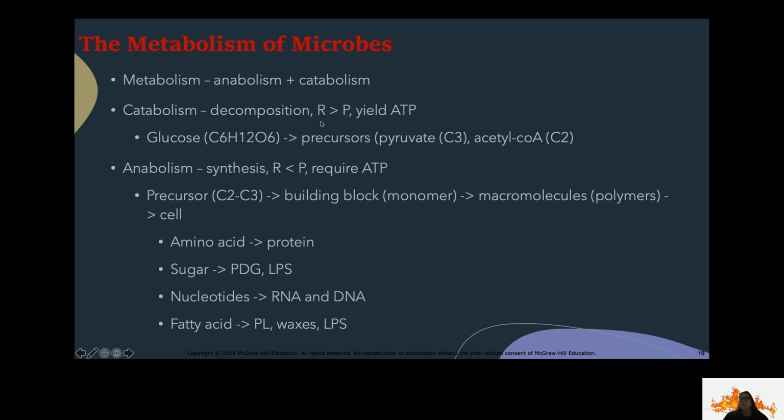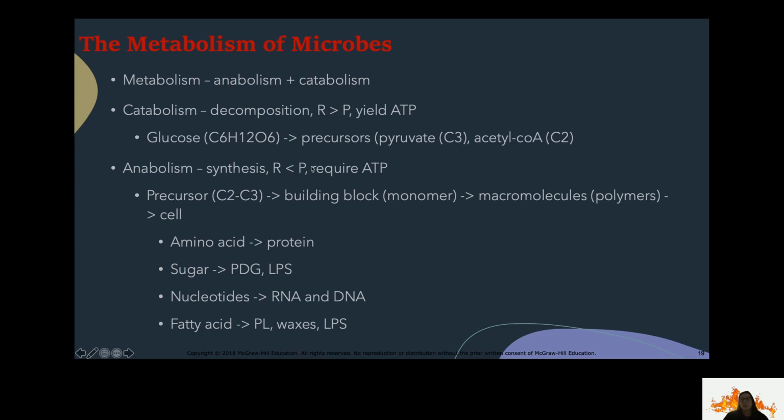Helpful ways to remember this are to try to remember whether the reactants are greater in size than the products. And so with catabolic reactions, the reactants themselves are going to be greater in size than the products, which means a bunch of bonds are going to be broken, and therefore ATP is going to be released. Anabolic reactions actually have the reactants smaller than the products, which means you're building some stuff.